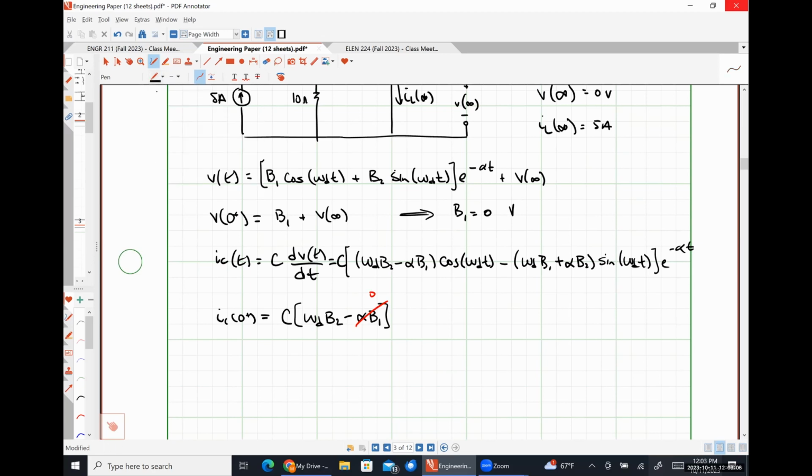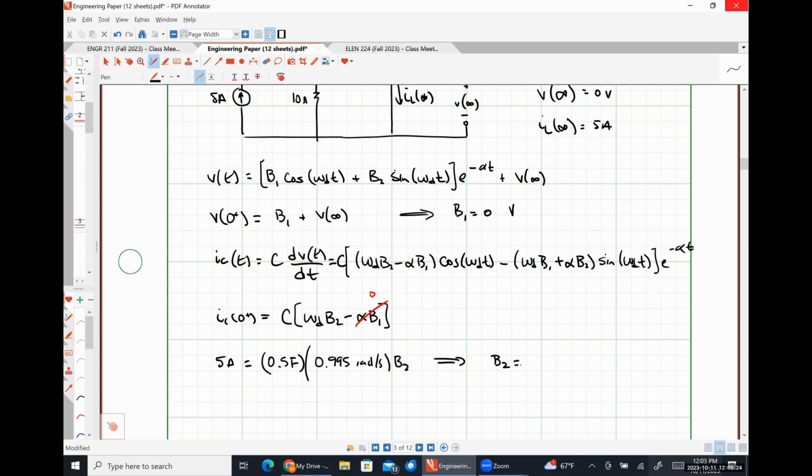So this looks like 5 amps is equal to 0.5 farads times omega d, which was 0.995 radians per second, times B2.